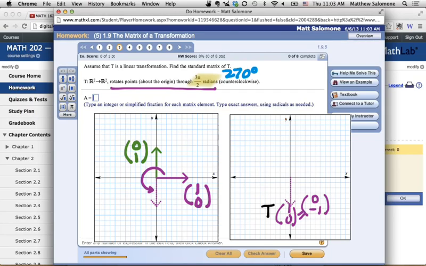And so what do we do with that piece of information? If we know what the image of the first standard basis vector is under this linear transformation, then where does that go in my final answer, i.e. the matrix of this linear transformation? What do I do with that information?